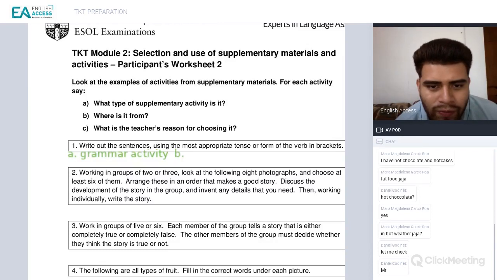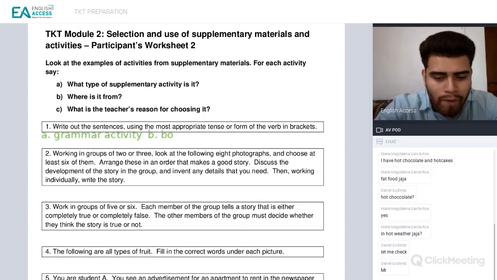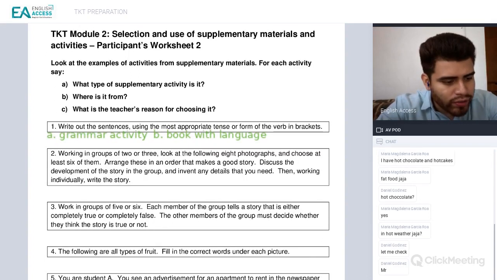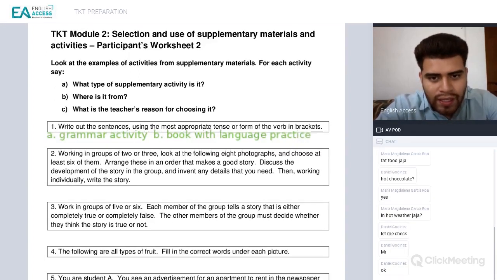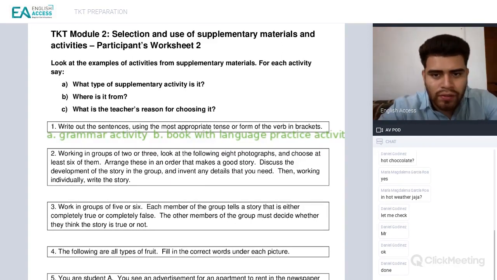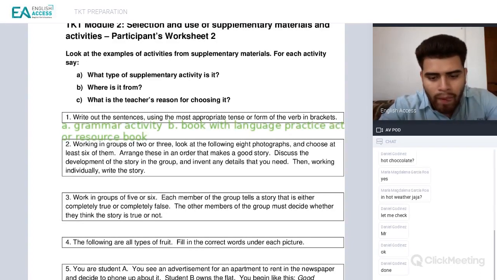Using the most appropriate tense or form in the brackets. Where is it from? It's from a book with language practice activities, or maybe a website, or resource book, or some people call it the workbook.